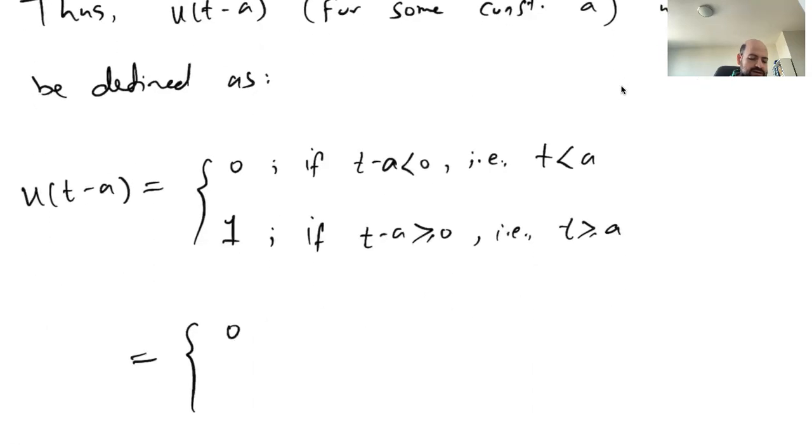In other words, it's 0 if t is less than a, and it's 1 if t is bigger than or equal to a.